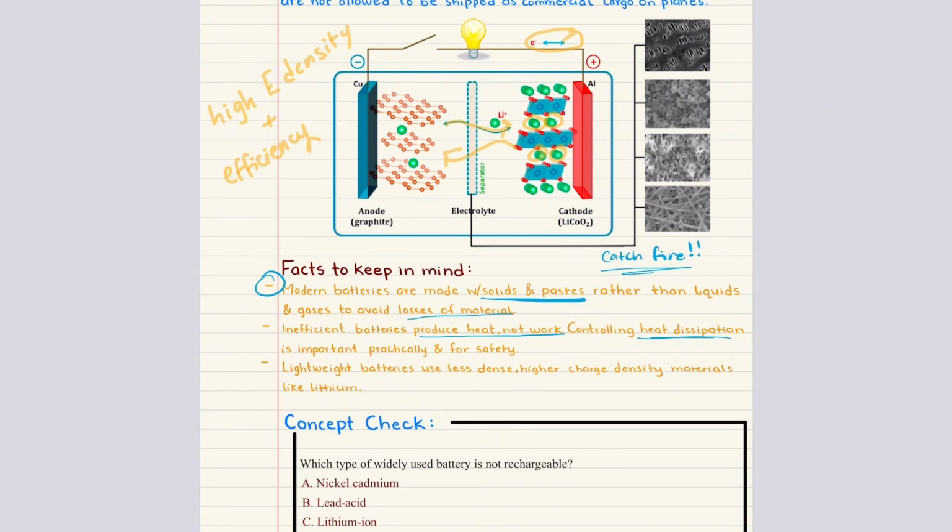So controlling heat dissipation is really essential for both efficiency as well as safety. And because mass matters, especially in portable electronics and in electric vehicles, modern batteries rely on low density, high charge density materials, which is the central reason that lithium-based designs have become the dominant technology.